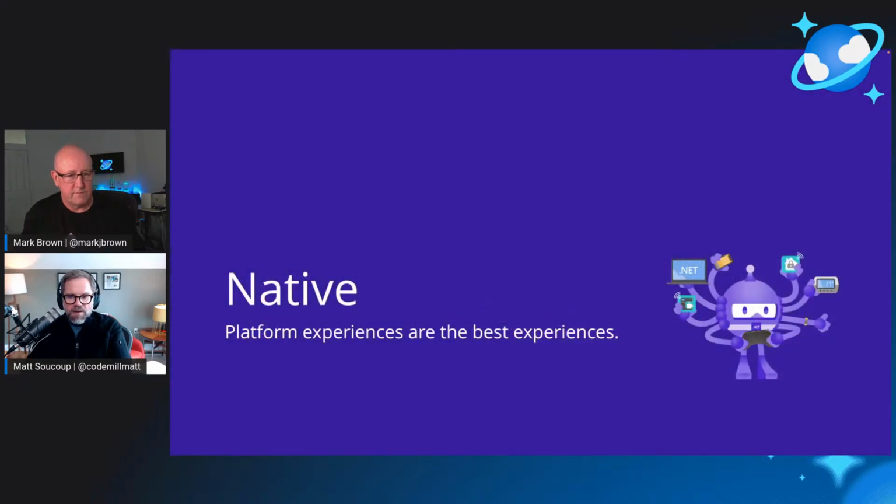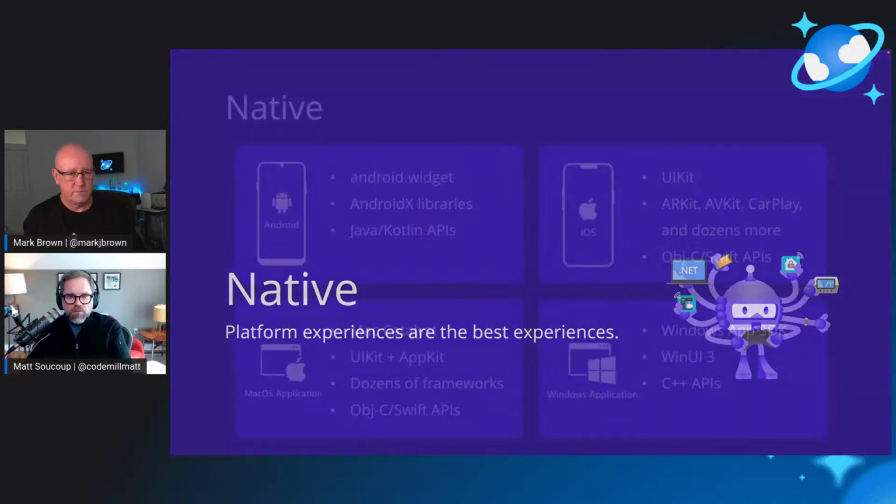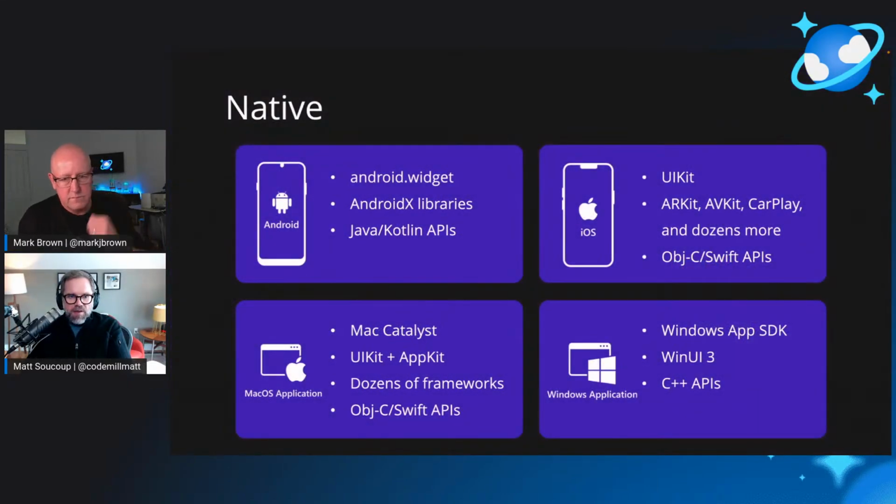All right. And then, we are emitting a native app for every one of these. So when we're doing Android, we have access to the Android widgets and the AndroidX libraries. Same thing for iOS. We have access to UIKit or ARKit if we're doing augmented reality. So we have access to the underlying platform SDKs, which is cool.